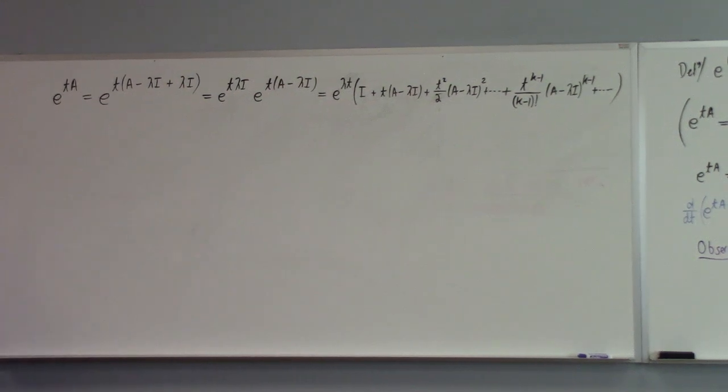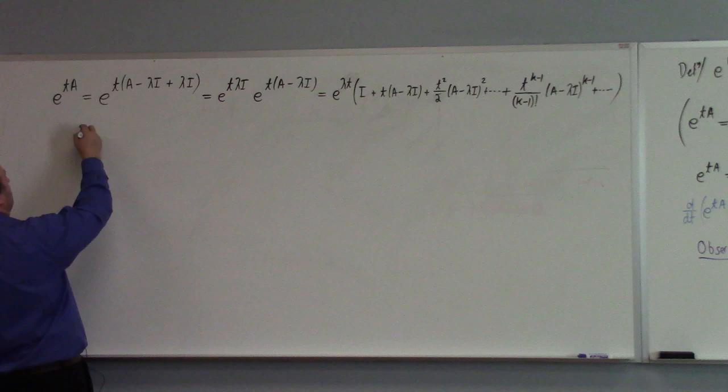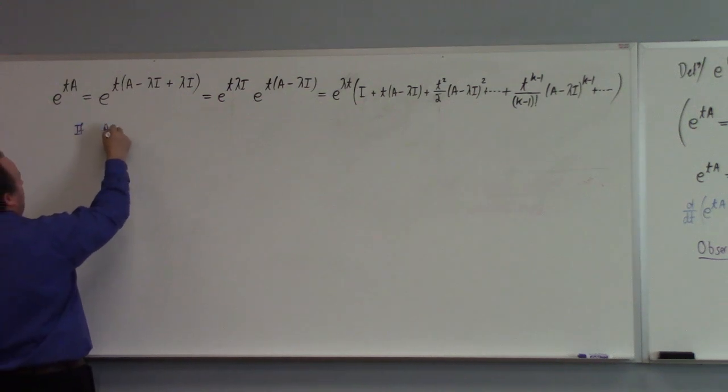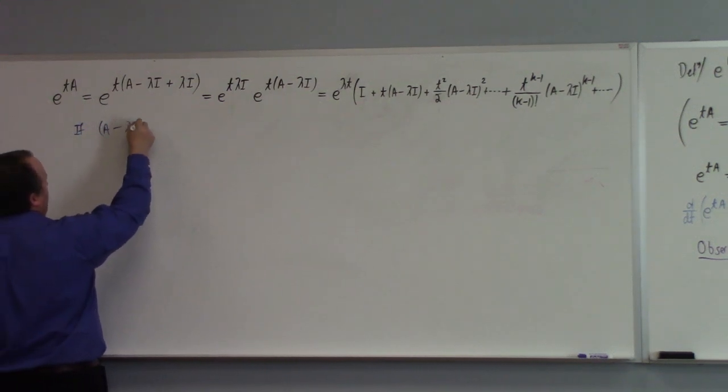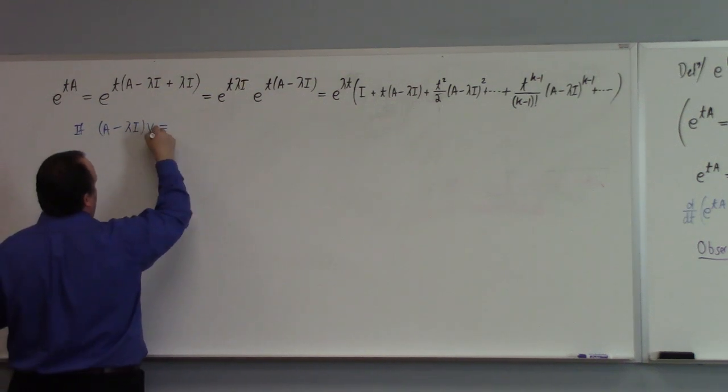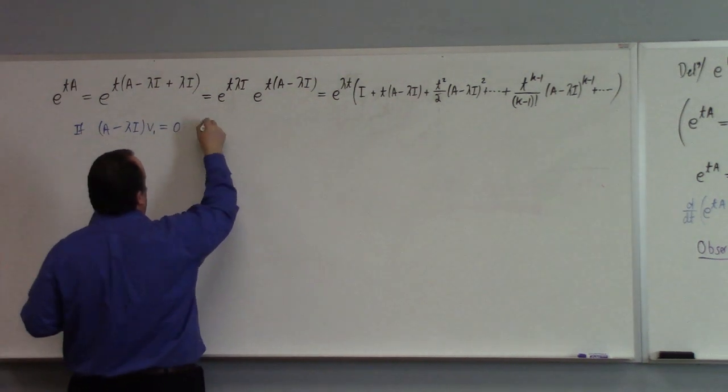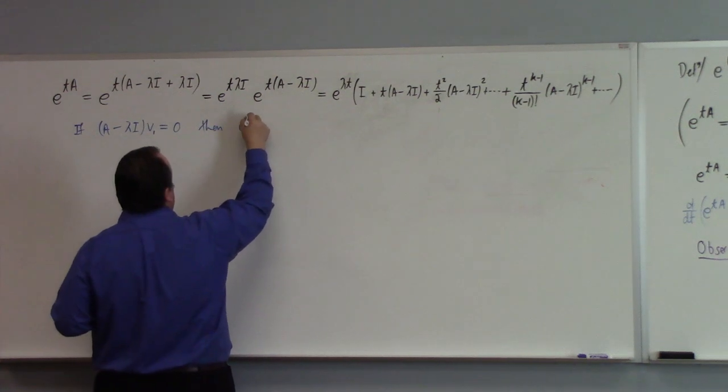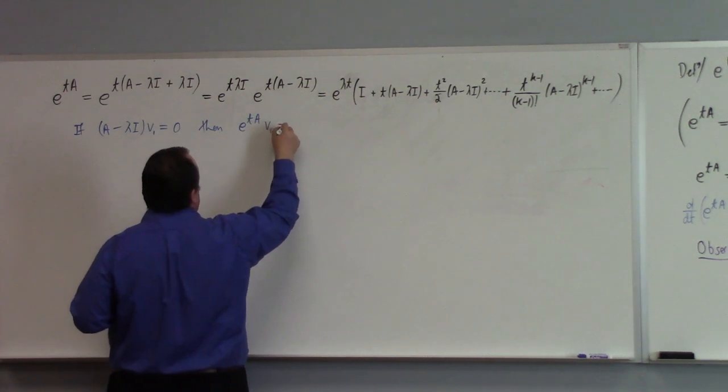What happens when you multiply the magic formula by an eigenvector? You could do this for any lambda. And if you complexify it, you could let lambda be complex just the same for a real matrix. It would still make sense. All right? So check this out. If (A minus lambda I) times v1 is equal to 0, then what is e to the tA times v1 equal to?